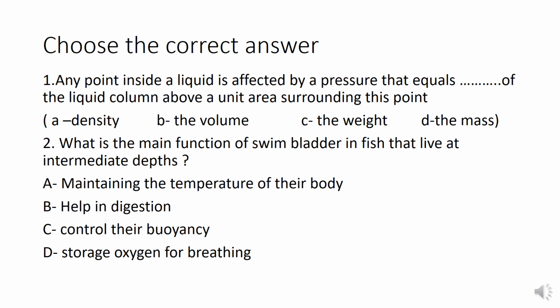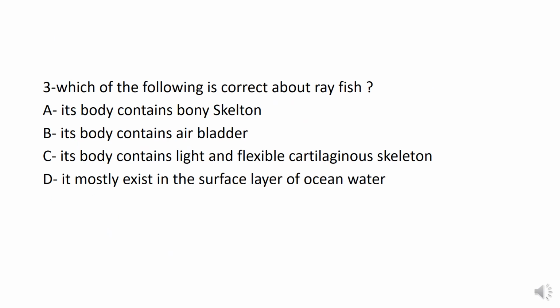Number 3, control their buoyancy. Or number 4, storage of oxygen for breathing. Of course, when you see swim bladder, it controls their what? Their buoyancy. So the answer is C. So again, who can tell me what's the function of the swim bladder? The swim bladder controls their buoyancy. Excellent.